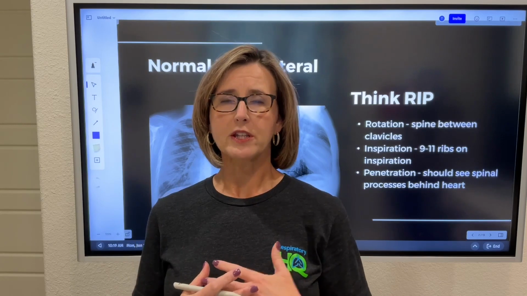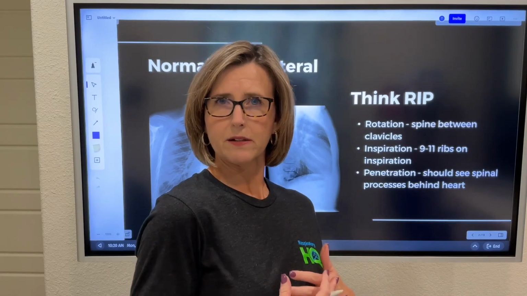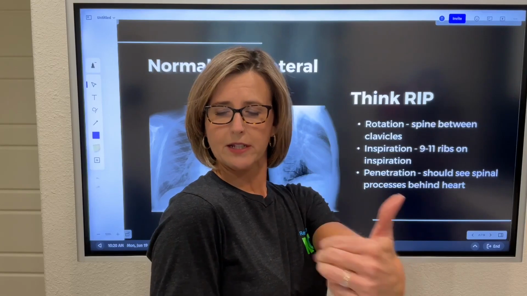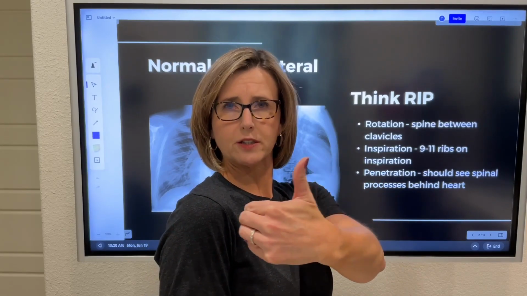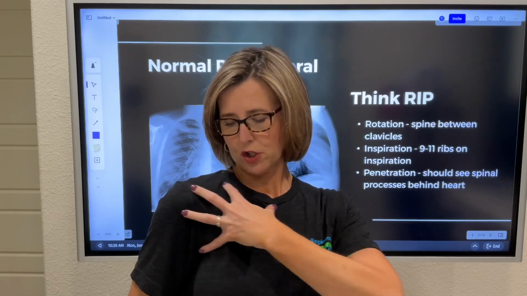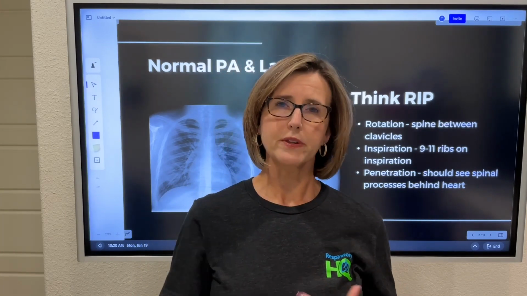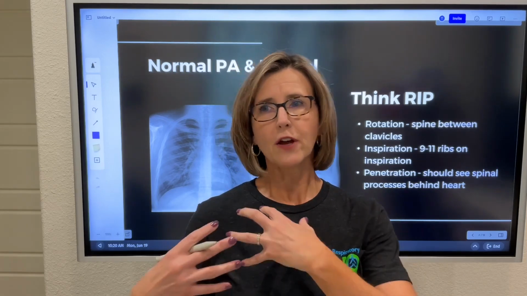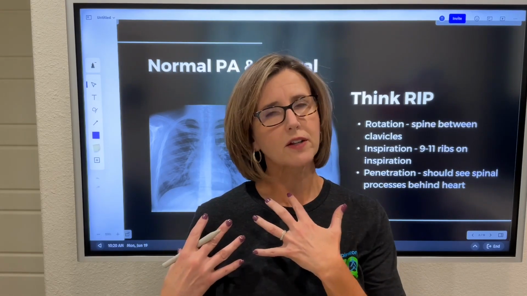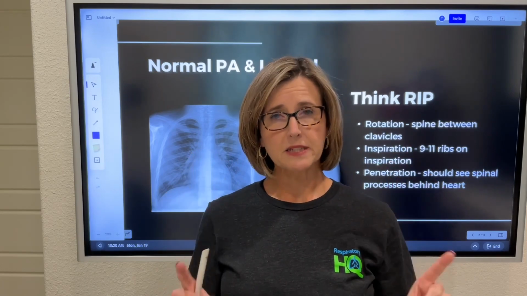If we have a person with an AP or PA film that's rotated a little bit, the shot is going to be through the shoulder, and this shoulder will cause a shadow on the right upper lobe. And you may misinterpret that shadow as some kind of atelectasis or some level of consolidation. So the first thing you want to check is the positioning.